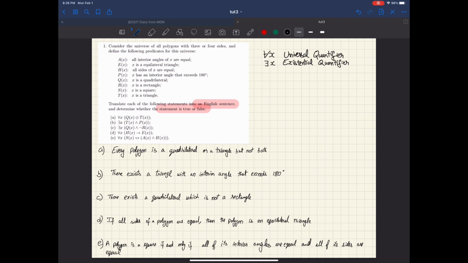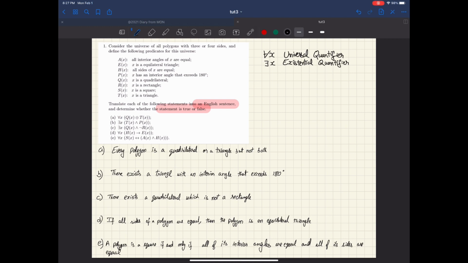So when converted to English, it would read every polygon. This every comes from the universal quantifier. So it says every polygon is a quadrilateral or a triangle, but not both.